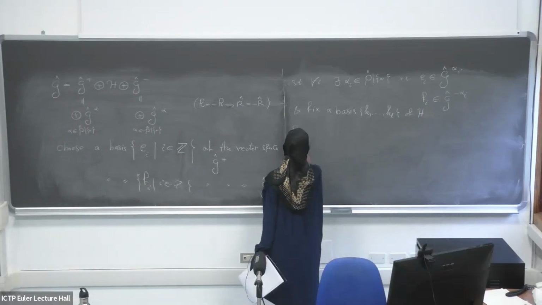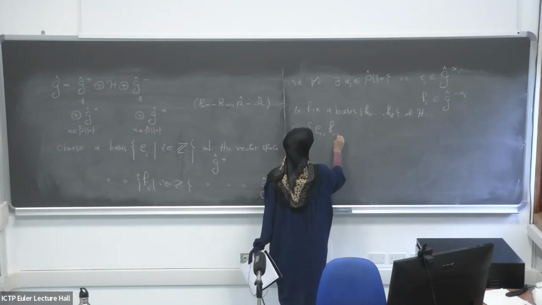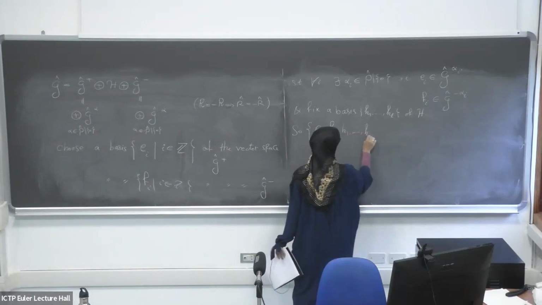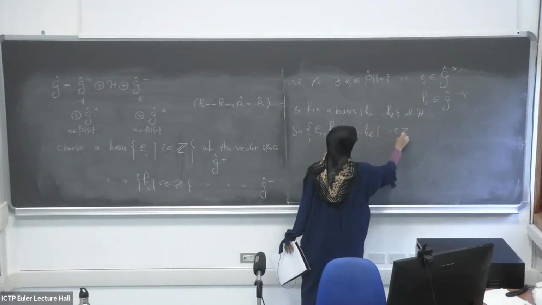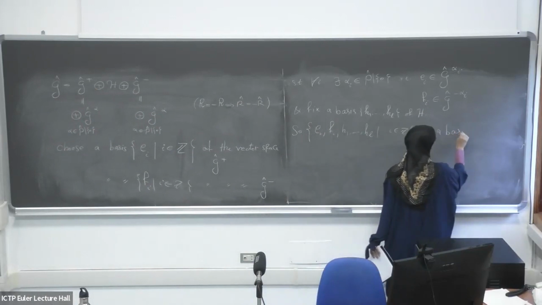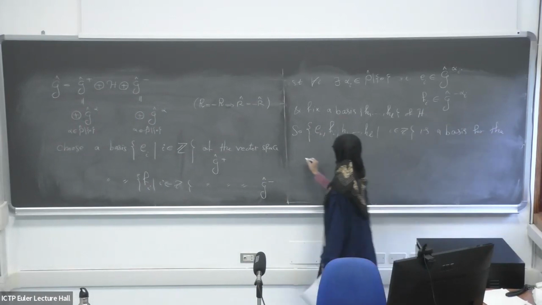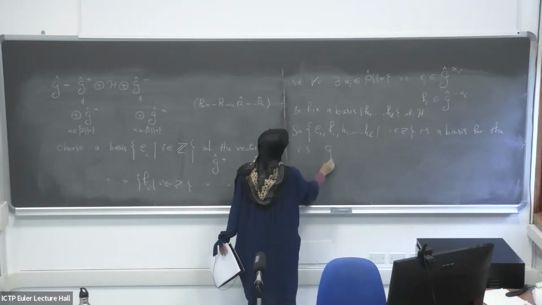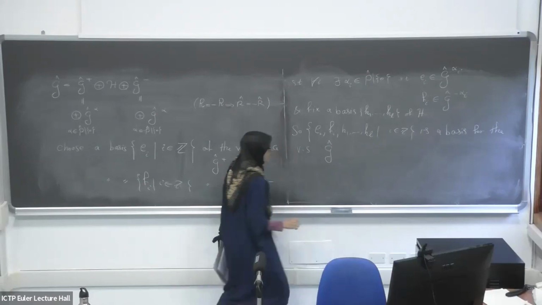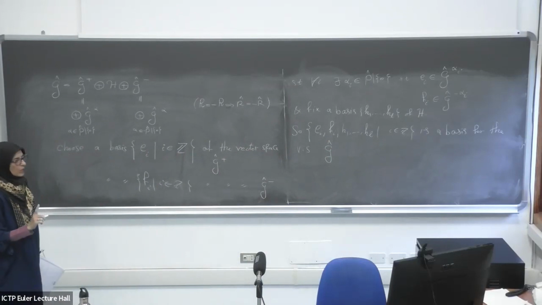So EI, Fi, H1 up to HL is a basis for the vector space G hat. And using PBW theorem, we get a basis for UG hat.